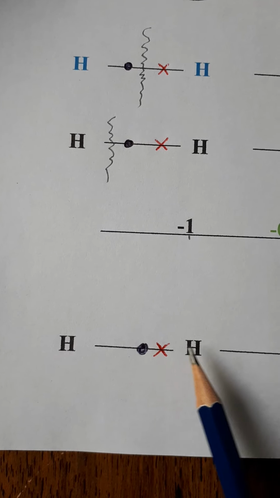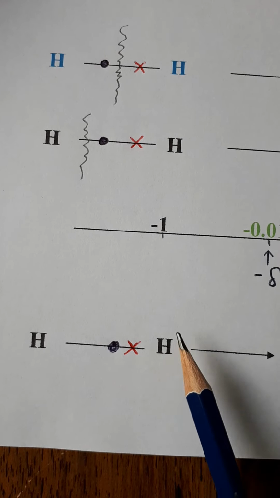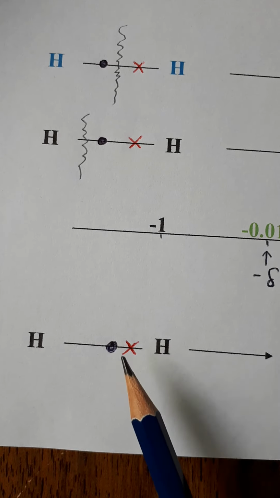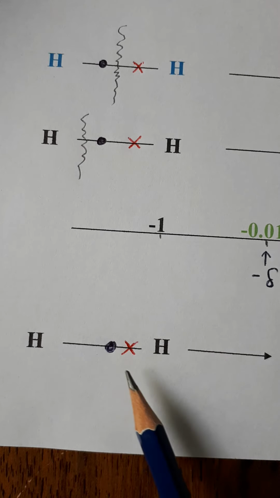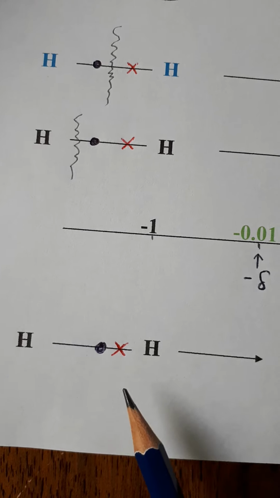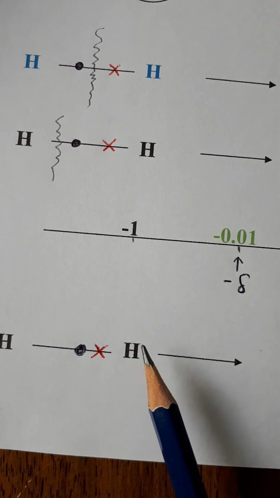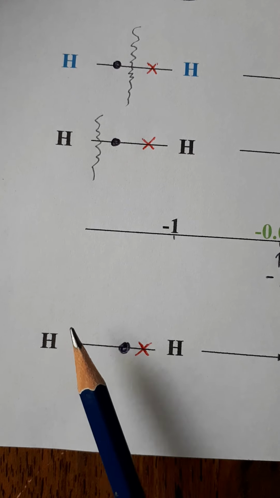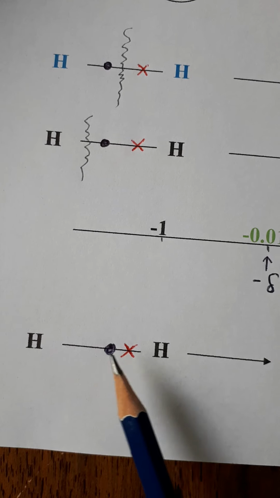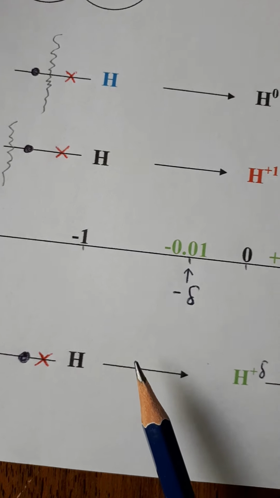Then your situation will be, you are not breaking the bond, but this atom will have a small negative charge. Small negative charge. Not exactly -1 like before. So we say that it will have a small negative charge and this will have a small positive charge because of this pushing of the electron pair to one side.